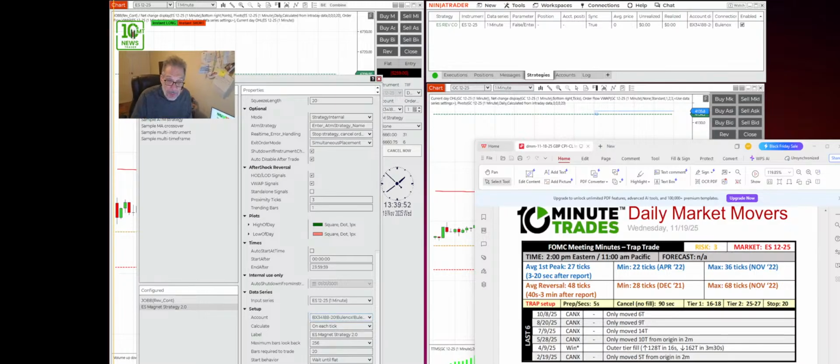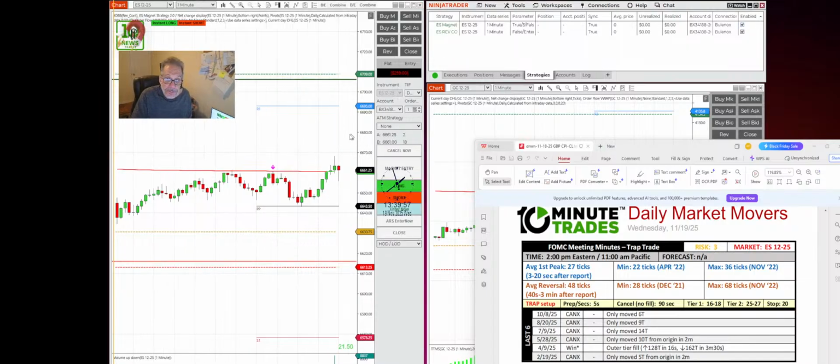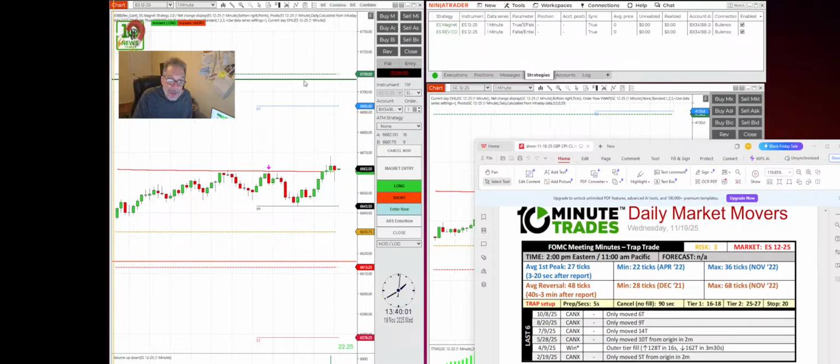And then when we put the magnet on, I want a little bit more. If we buy, I think I want to buy a little bit over 6,700. So we'll buy above 6,700 and we're going to sell when we get close to the high of the day.